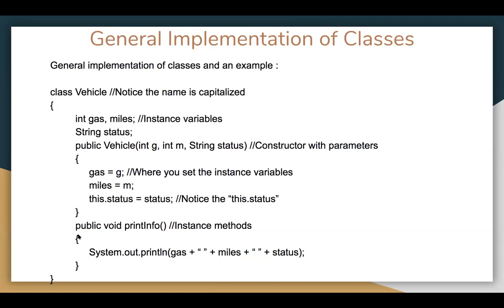Okay, and then down here, after the constructor, you can see that we have a method. This is called an instance method, so they're not called static methods. The main difference between them is that there's no static here. So it's just public and then void, printInfo, parentheses.